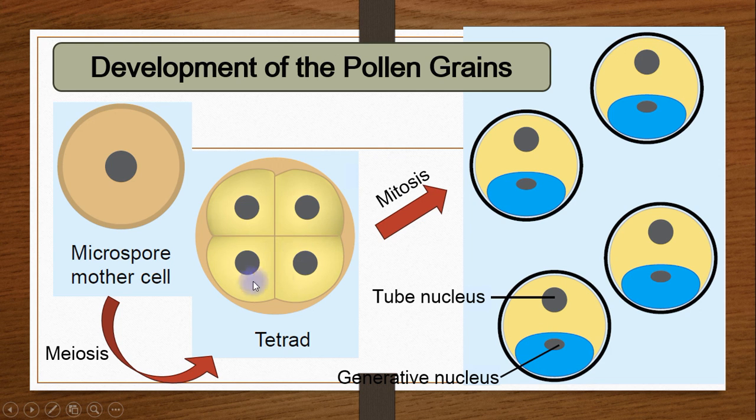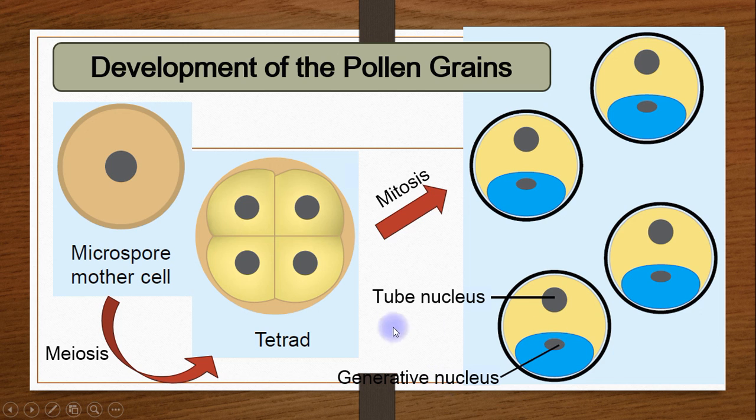Okay, and then each of the tetrads will carry out mitosis. Refer to the nucleus: the nucleus inside the tetrad will carry out mitosis and produce two types of nucleus, which are the tube nucleus and the generative nucleus.